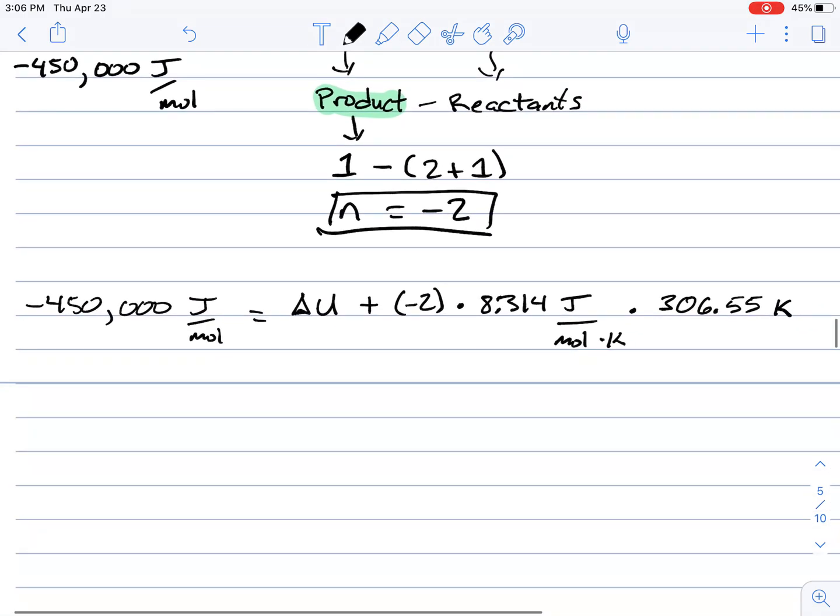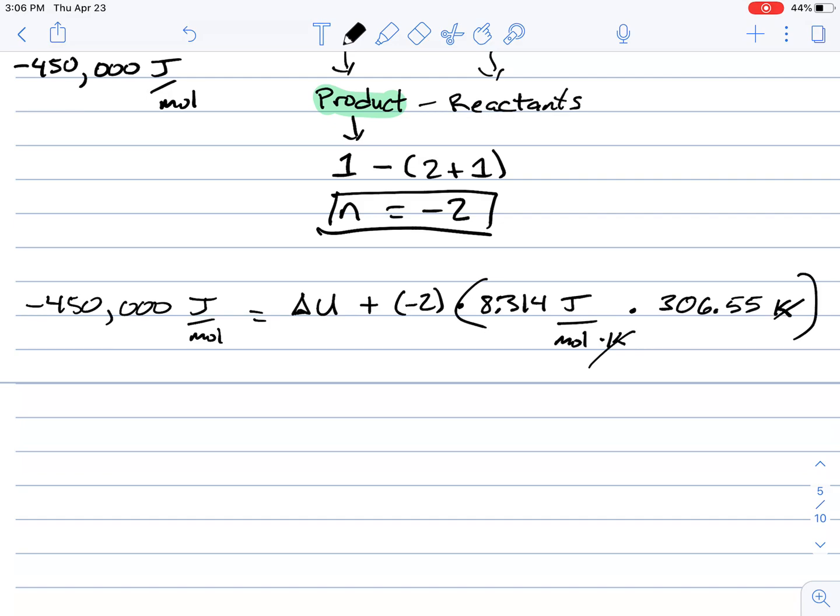All right, so notice that when you multiply these two values, the Kelvins will cancel out. That's really cool, right? And so what we're going to do next is multiply out this term on the right and then simplify our answer.